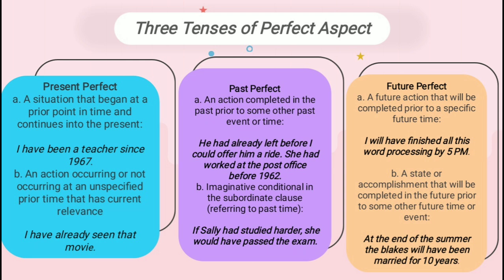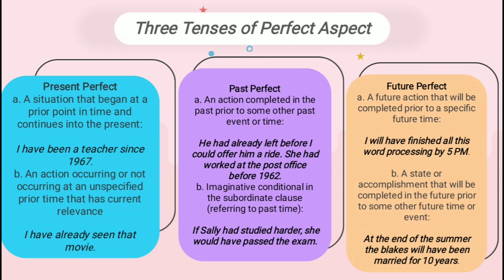Next, we examine in detail the combination of the perfect with the three tenses to see how this core meaning obtains. We have here the present perfect, the past perfect, and the future perfect.